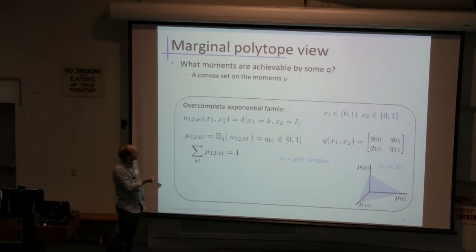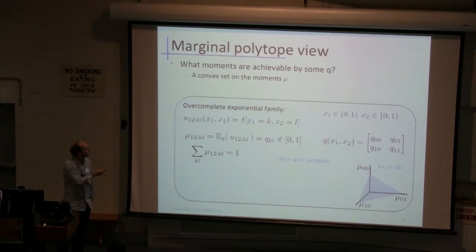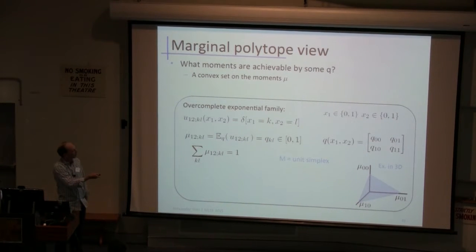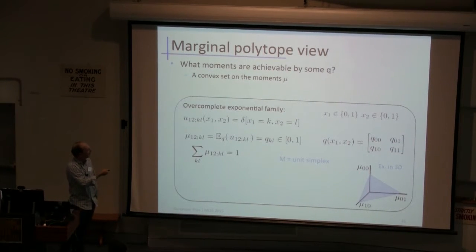So each vertex of M corresponds to some configuration of X. So each vertex is a configuration of the system. And then the set of achievable probability distributions is just all the convex combinations of that, right?